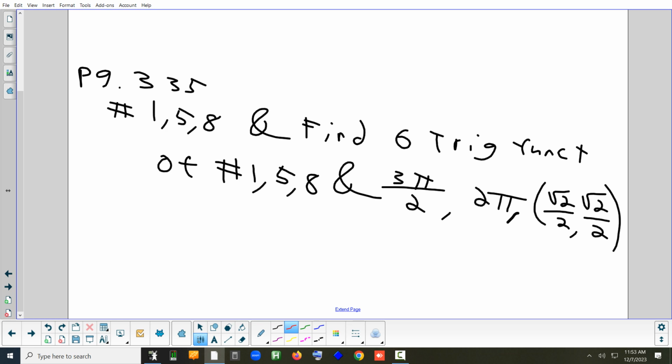Then I also want you to find the 6 trig functions of 1, 5, and 8, and the 6 trig functions of 3 pi over 2, 2 pi, and square root 2 over 2. I think 1, 5, and 8 are finding a coordinate, so it's going to lead you to doing what I want you to do.